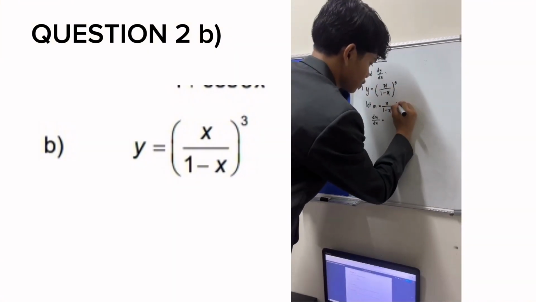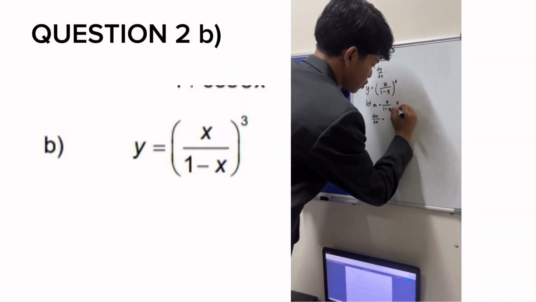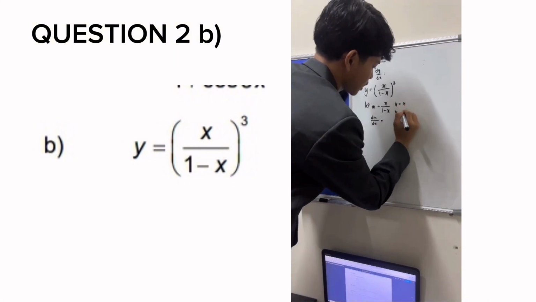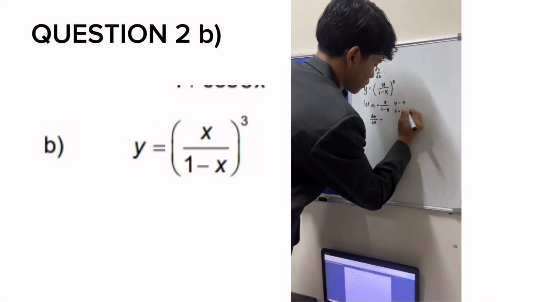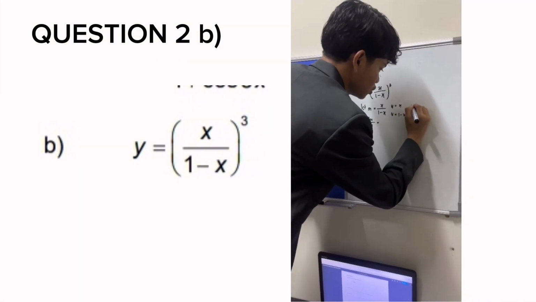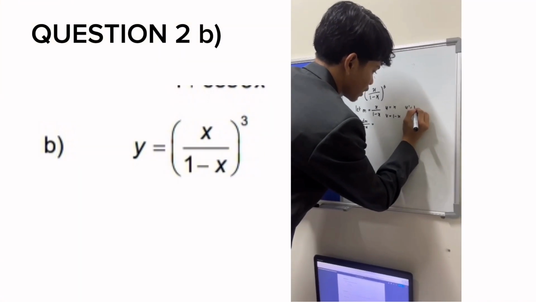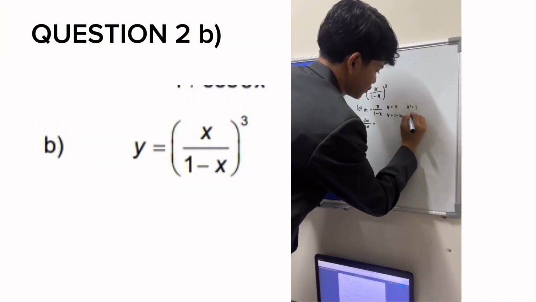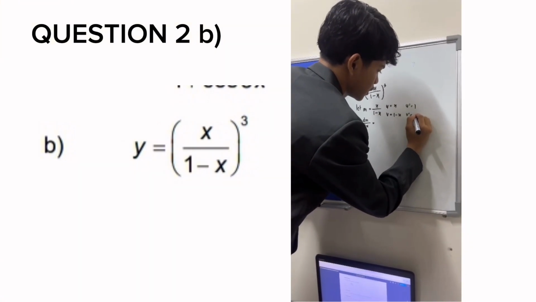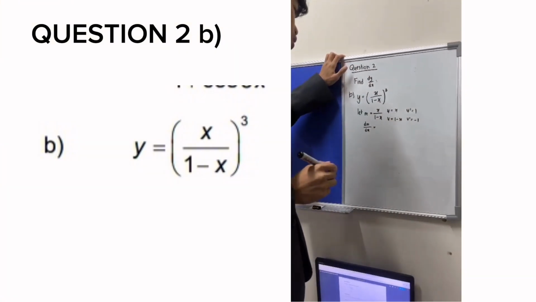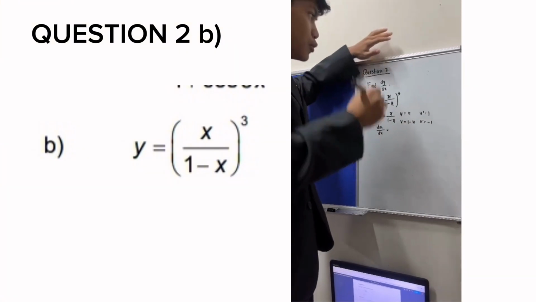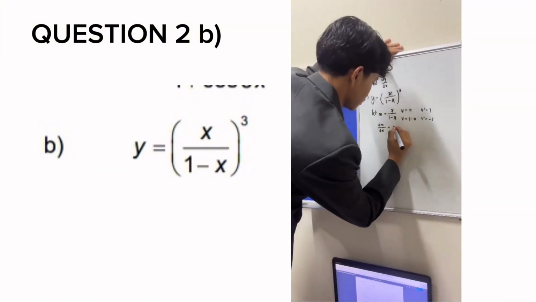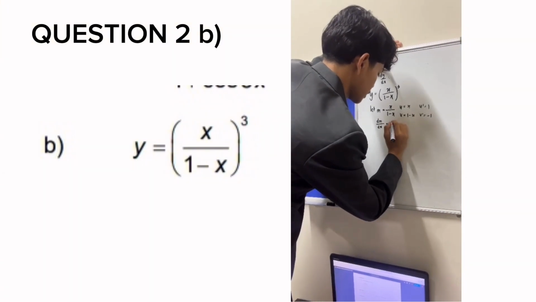So you need to identify u and v, where u is x, v is 1 minus x, u prime is 1 and v prime is minus 1. So the same formula we applied before, you need to apply this again.